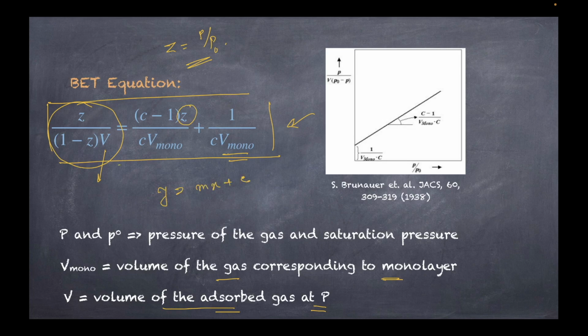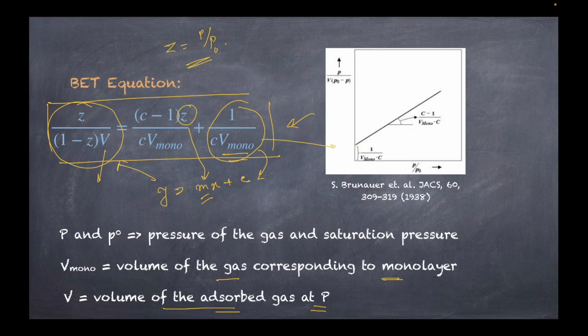So y is this quantity, x is Z, and c here is the intercept, so the intercept will be 1 divided by C times V mono, and the slope of the straight line m will be (C minus 1) divided by C times V monolayer.